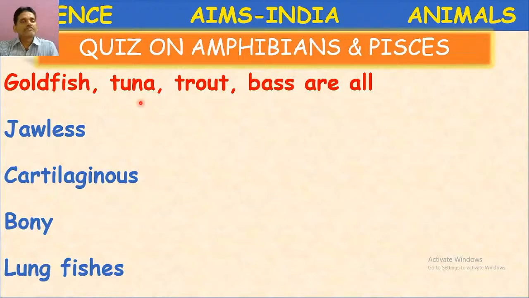The questions appear based on the exams and based on the concept examples you have to remember. So bony fishes they are. Yes. Few of you answered. Bony fish. Bony fish example, goldfish, tuna, trout and bass.